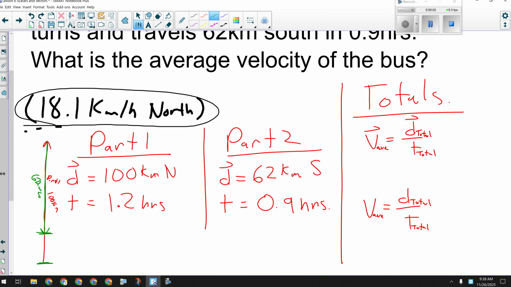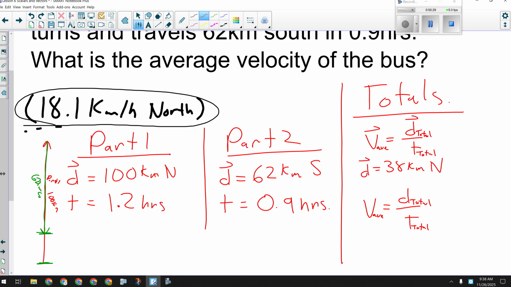All right, so my total displacement then is 38 kilometers north. What's my total time? This part took 1.2 hours, second part took 0.9 hours.